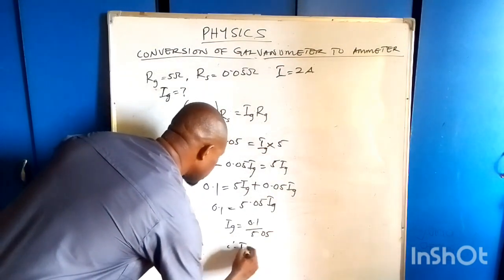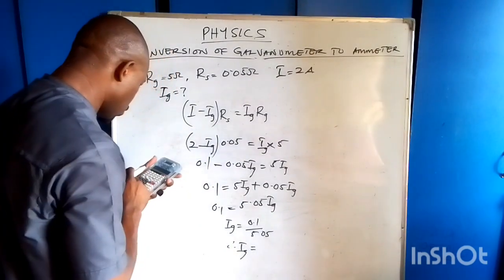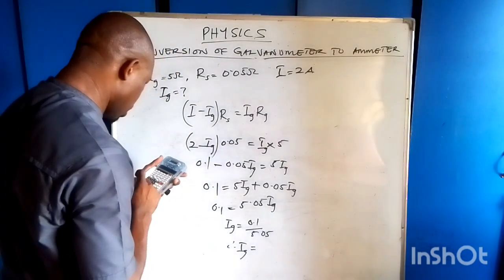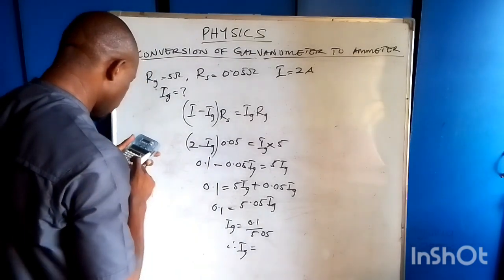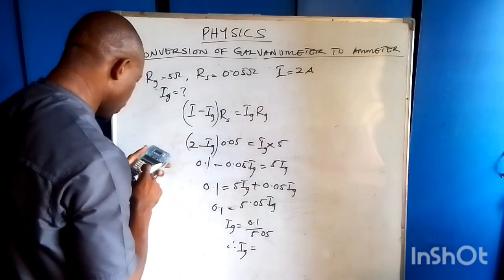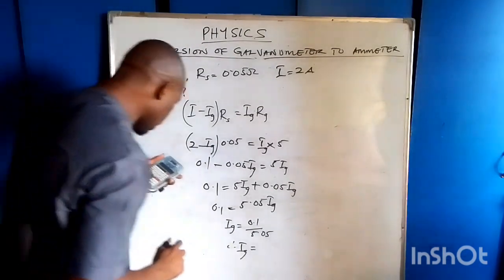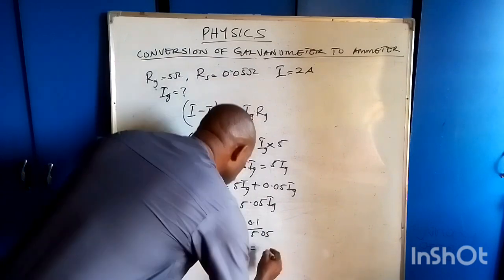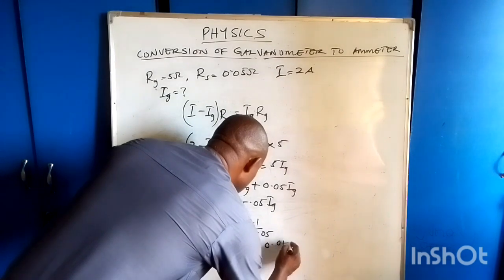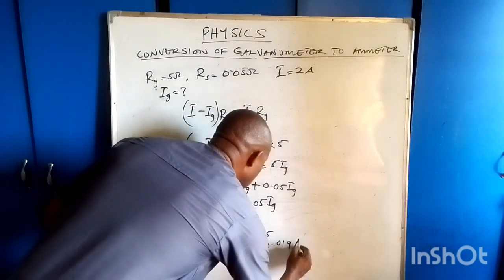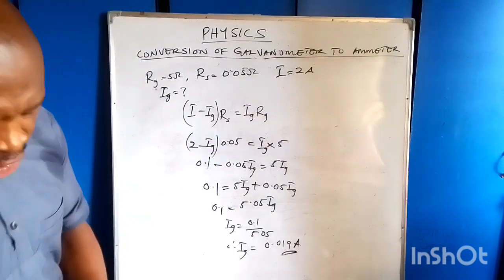Therefore, the current through the galvanometer is equal to 0.1 divided by 5.05, which will give us 0.019 ampere. So this is the value of our current.